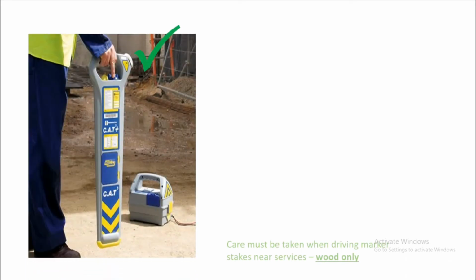So here is one example of the CAT scanner. As you can see here, the long one is the scanner, and the small one is the relay to the scanner.